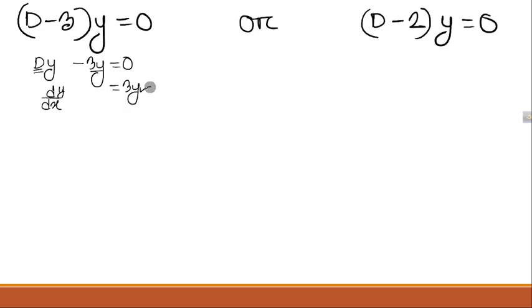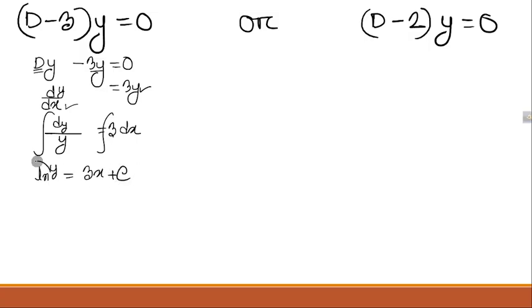Now take this y here and take this dx here, and then integrate both sides, and you will have ln y, and at the right hand side you have 3x plus c. Then if you shift this ln to the right hand side, you will have an exponential.